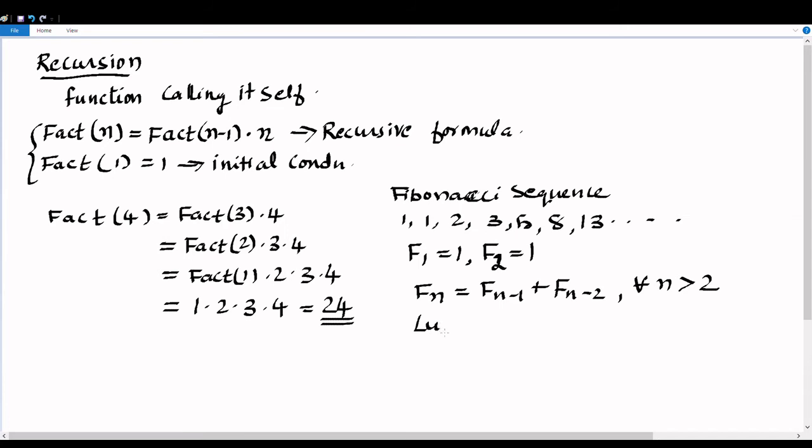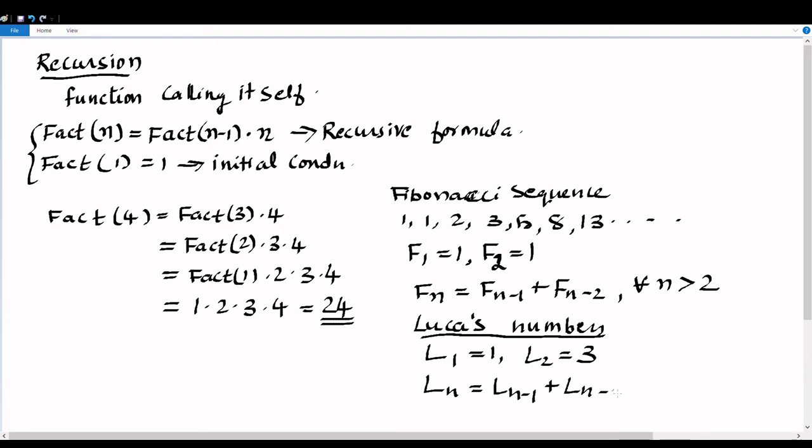Similarly, we can find the Lucas numbers. Lucas numbers are usually denoted by L. L1 is 1, L2 is 3, and Ln is obtained by Ln minus 1 plus Ln minus 2.